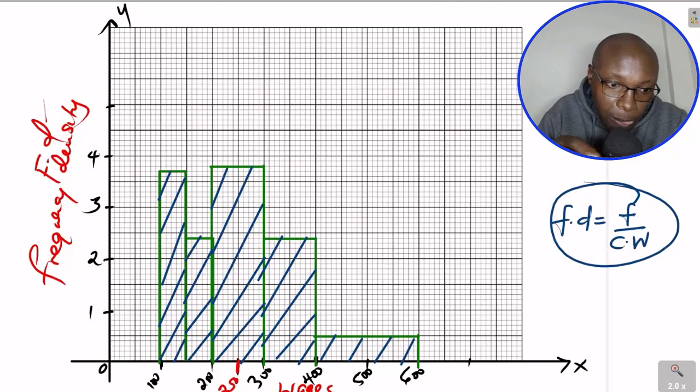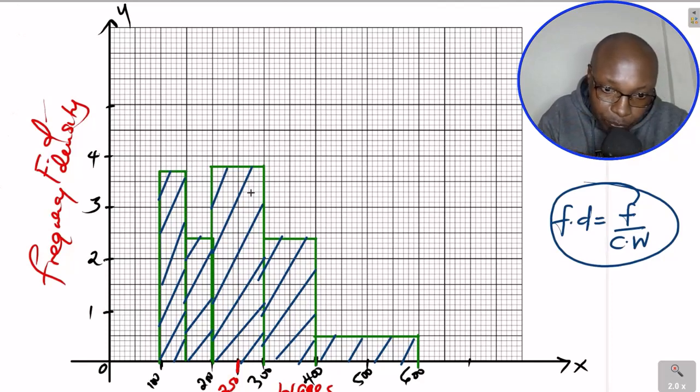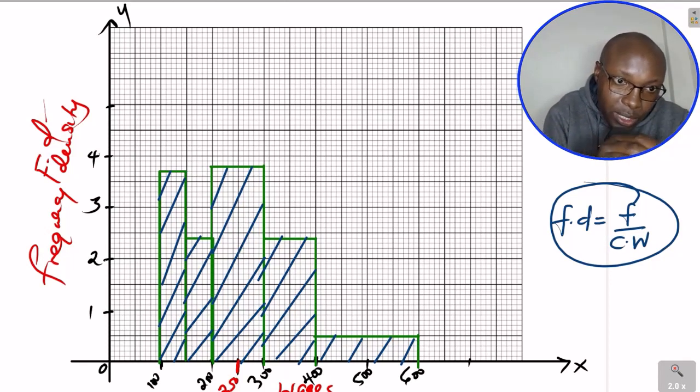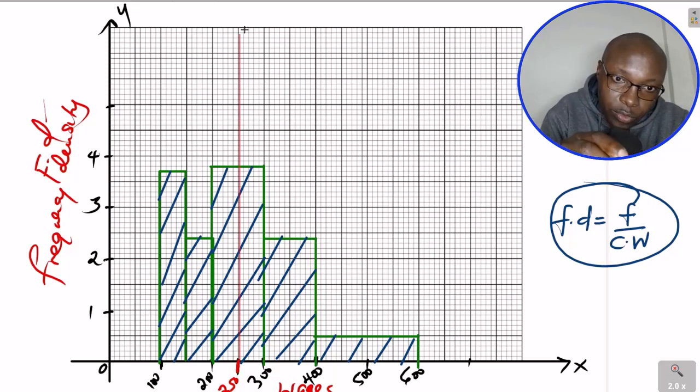We have 257.895, so that vertical line will be located somewhere before the other square, just in the middle here. 250 plus 10 is 260. So you estimate it to be somewhere there, not even in the middle.